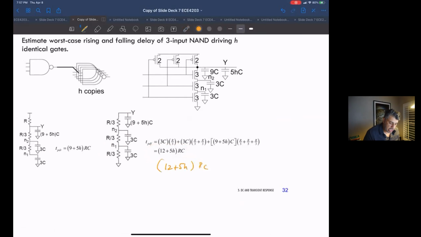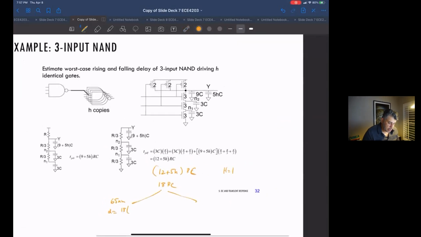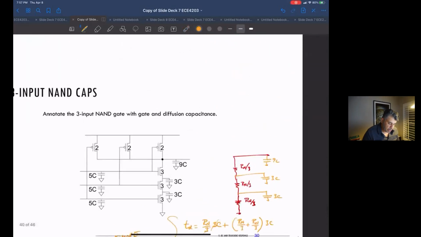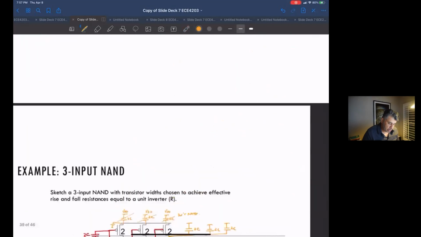So let's say for the sake of discussion that I'm only driving one other device like myself. So H is equal to 1. So I end up having 18 RC. Now, if I'm in a 65 nanometer process, the delay here is going to be 18 times whatever RC I calculated here.